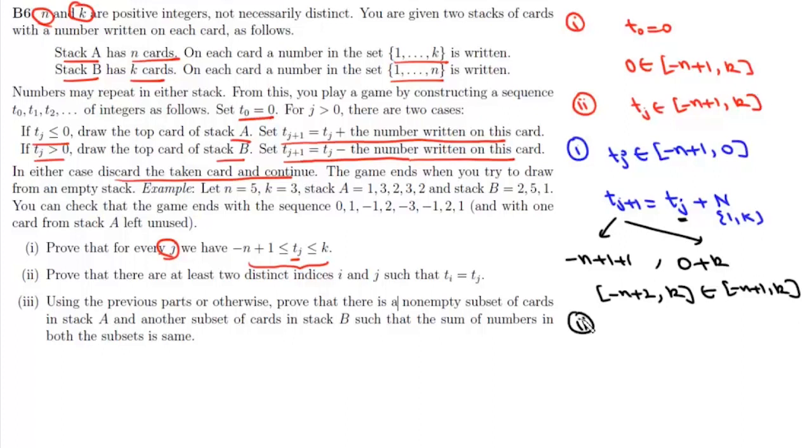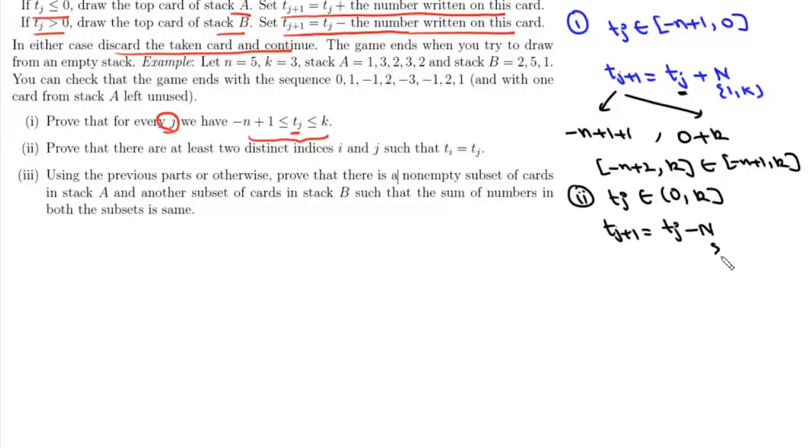Now we take the second case, when tj lies between 0 and k. Now here tj plus 1 will be tj minus n, and here this n will be a card from 1 to n. Now the smallest value of tj plus 1 is when tj is smallest, which is 1, and n is highest, so it will be 1 minus n, and its highest value is when tj is highest, which is k, and n is 1.